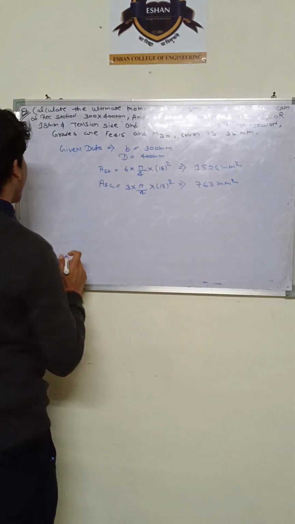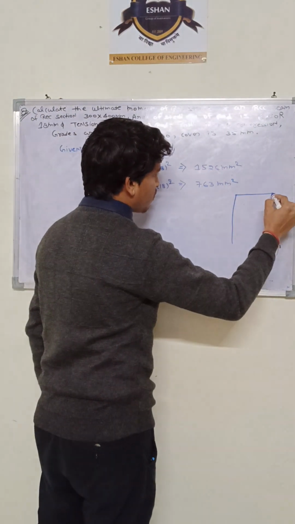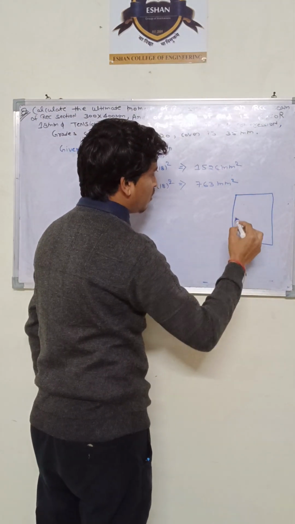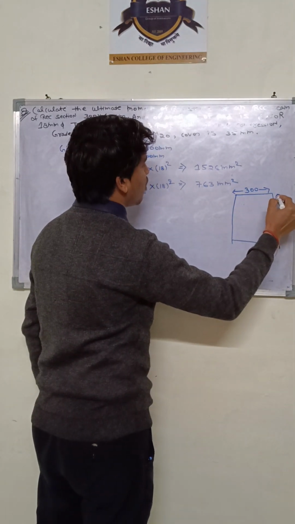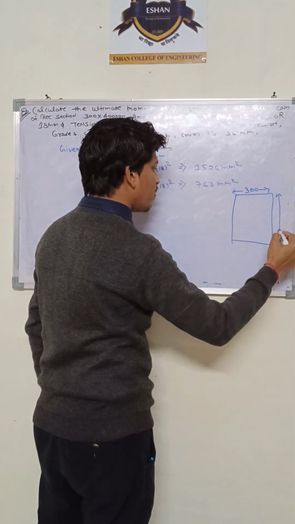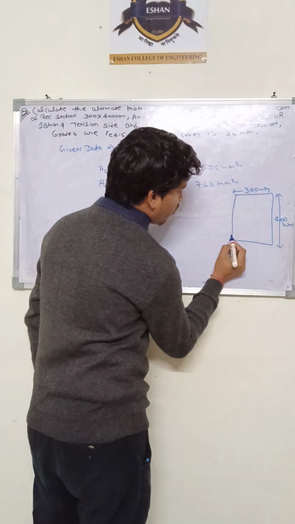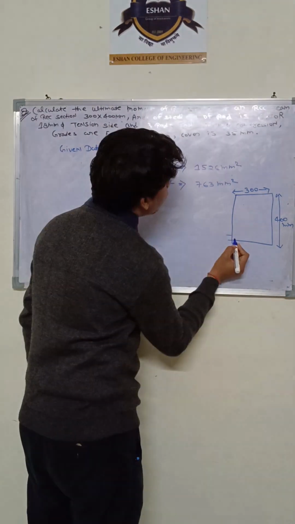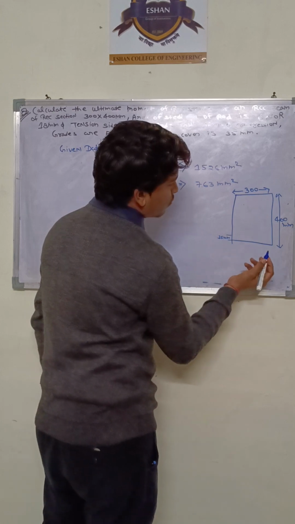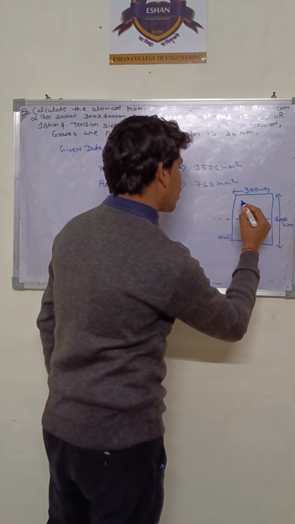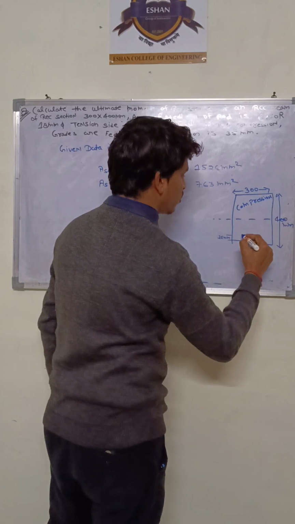So we draw the diagram. This is my beam, whose width is 300 mm and overall depth is 400 mm, and the cover is also given, the cover length is 35 mm. This is the compression zone and this is the tension zone.